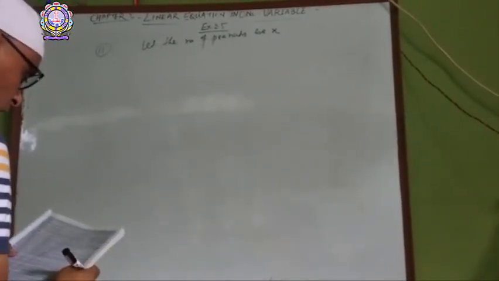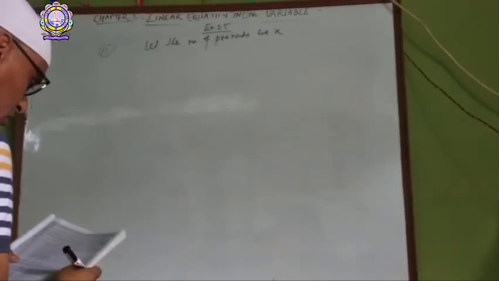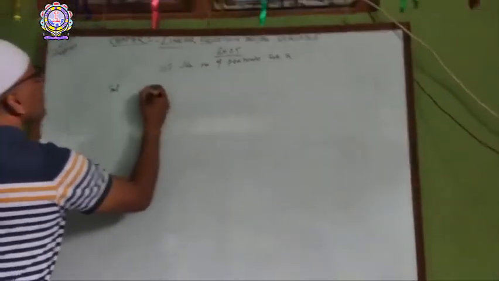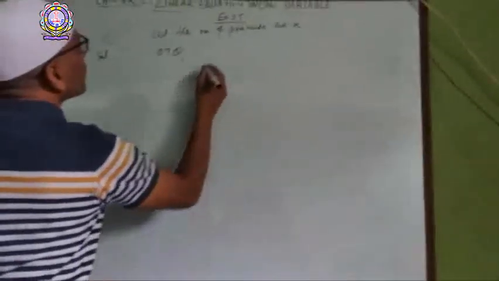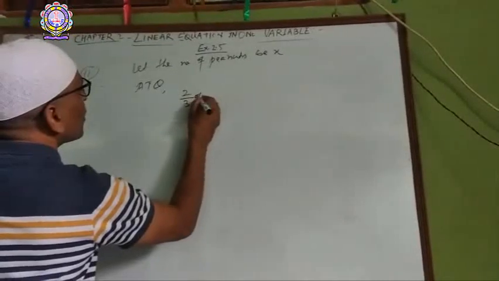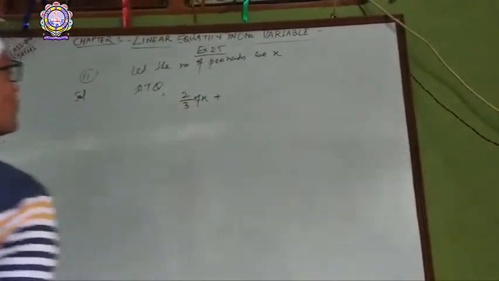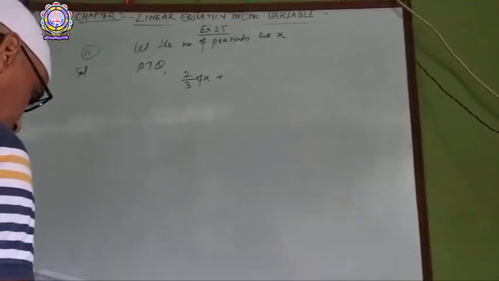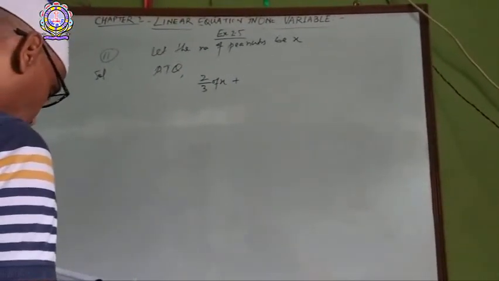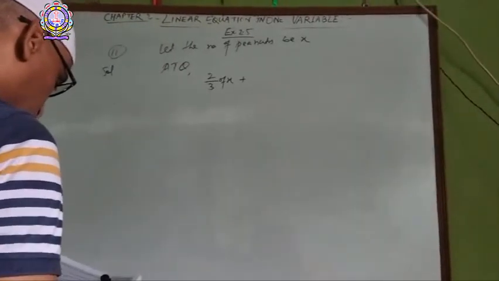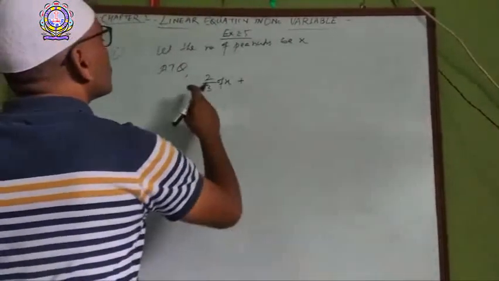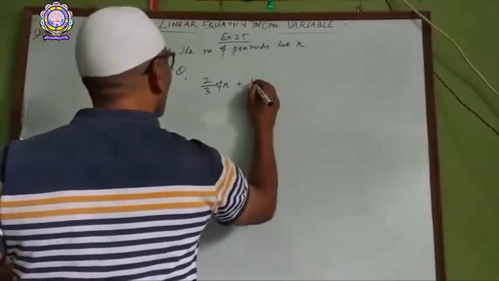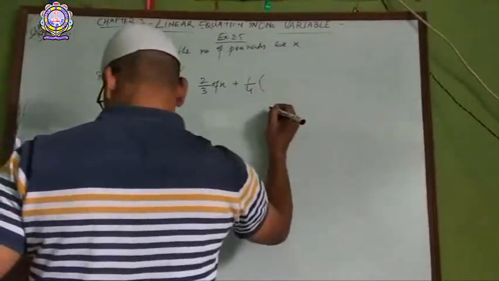We have x peanuts. He gave 2/3 of these to the squirrels. According to the question, 2/3 of x is given to the squirrels and 1/4 of the remaining ones to the crows. 2/3 to the squirrels and 1/4 of the remaining.